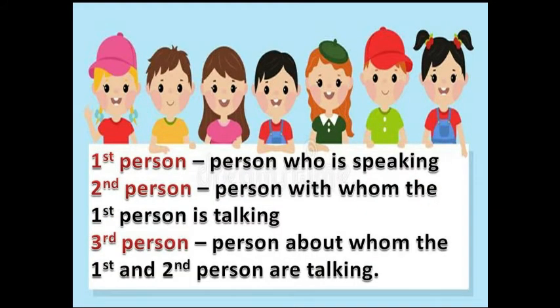The person who is speaking is the first person. Now, who is the second person? The person with whom the first person is talking is the second person. Now, who is the third person? The person about whom the first and the second person are talking is the third person.